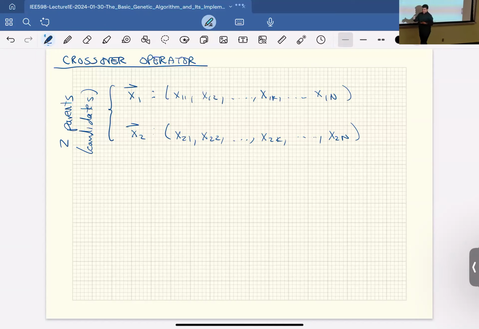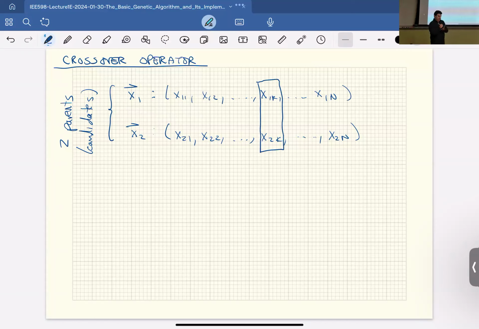And so there are different forms of crossover, but if I were to do a 1-point crossover, then that would mean that there would be a gene here that would act kind of as a pivot point.